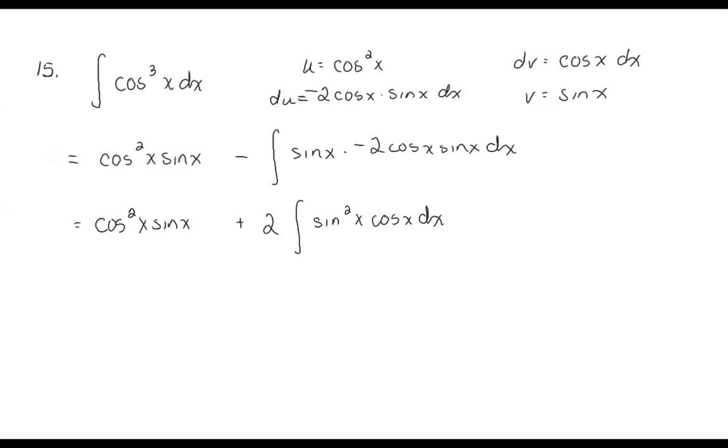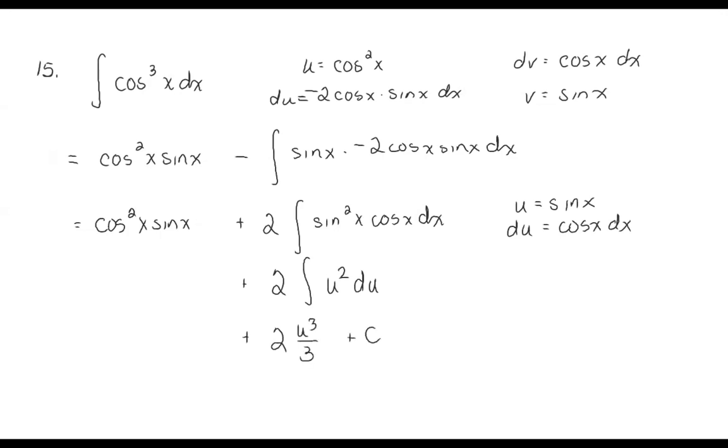We could say, okay, let's go ahead and let u equal sine x. du is cosine x dx. And this looks like plus 2 times the integral of u squared du, or plus 2u cubed over 3. And then not forgetting my first term, cosine squared x sine x.